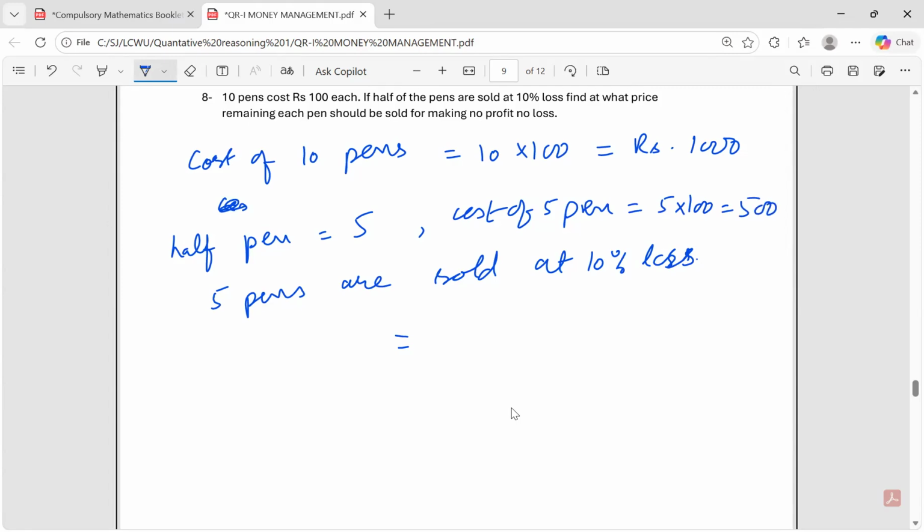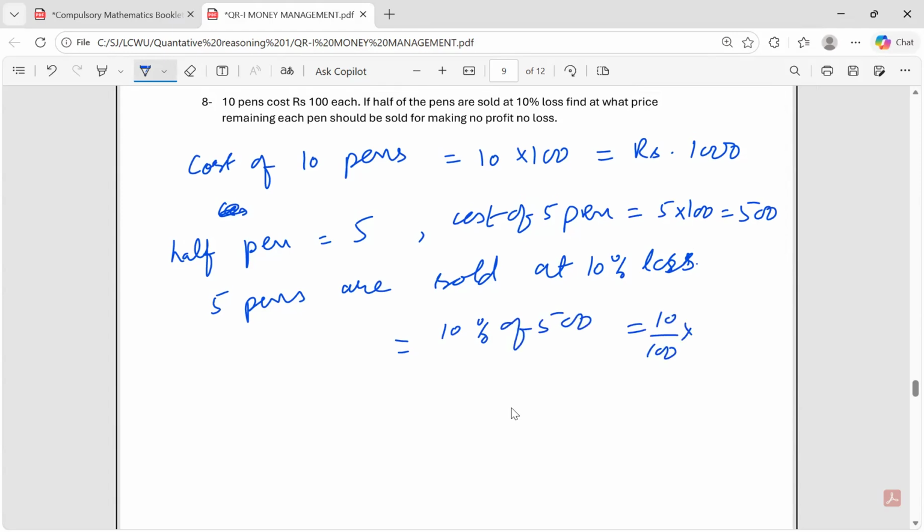So 10% loss means your loss will be 10% of 500, that is 10 by 100 multiplied by 500, which is equal to 50 rupees. So the 10% loss on these pens is 50 rupees.